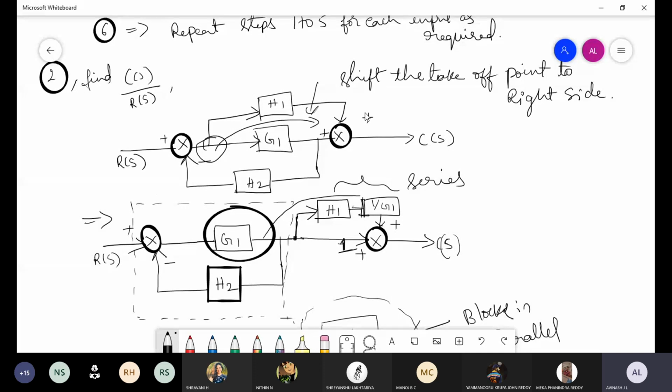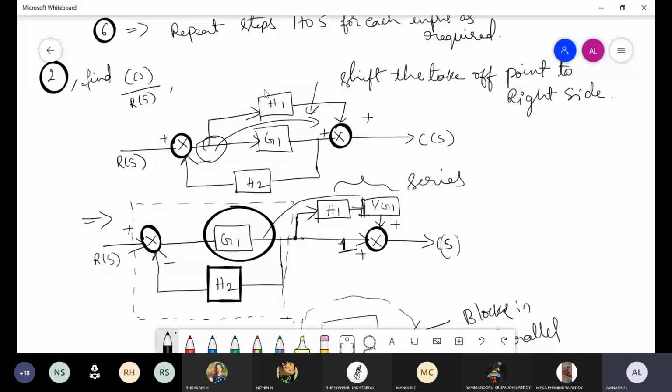But when we talk about this particular numerical, you can see that there are no blocks which are in series or parallel. It may look like H1 and G1 are parallel, but after G1 there is a takeoff point.